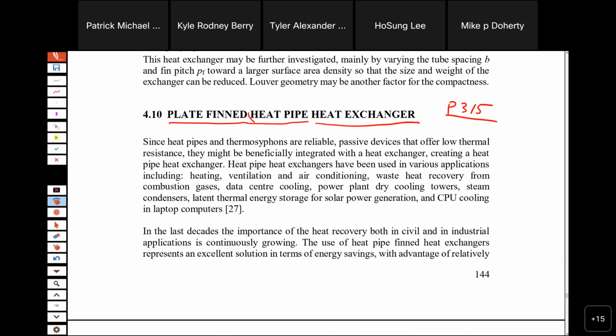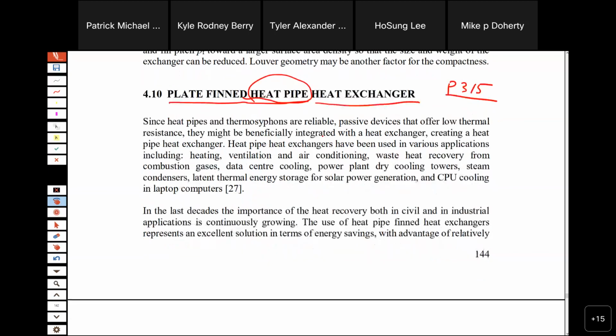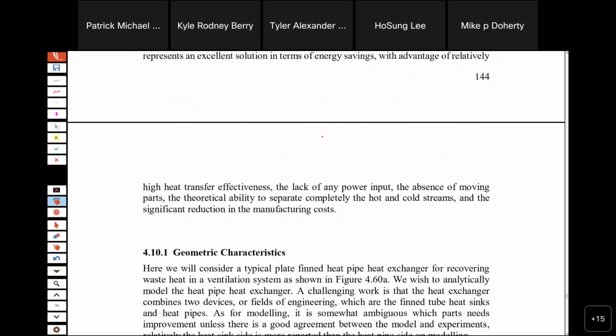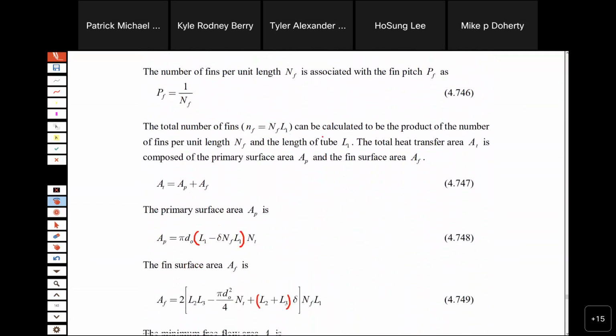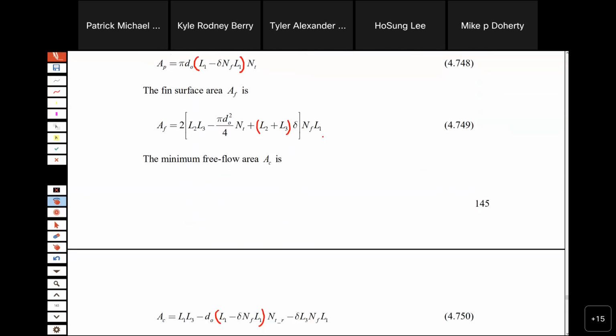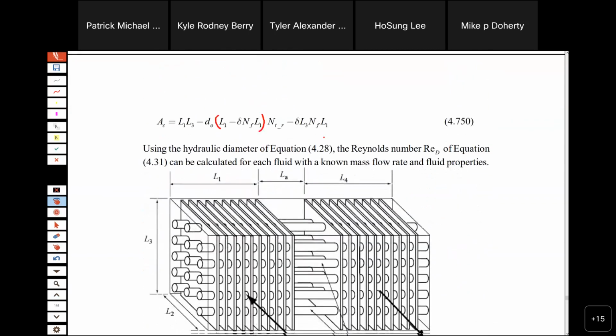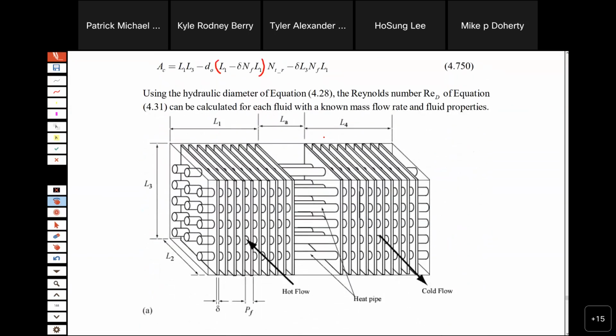Okay, heat pipe. This is interesting. Something like that.